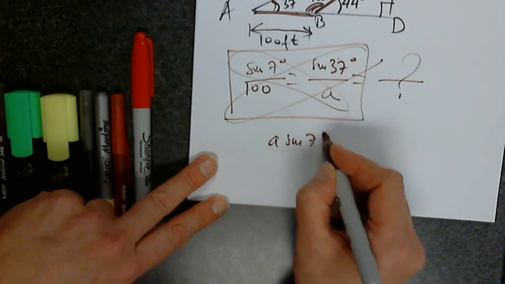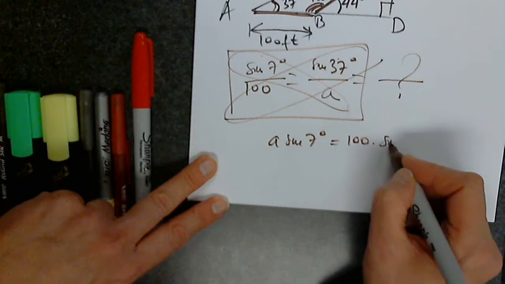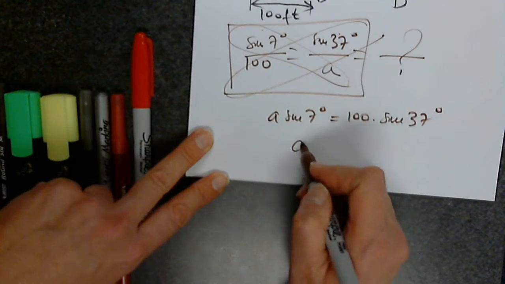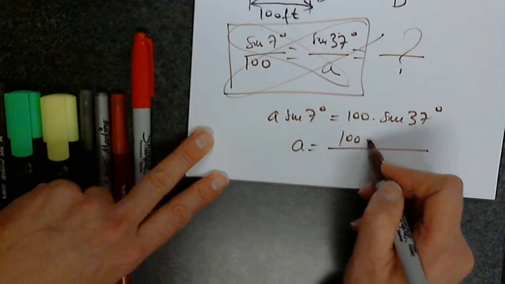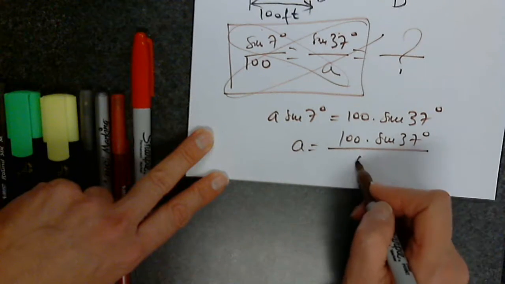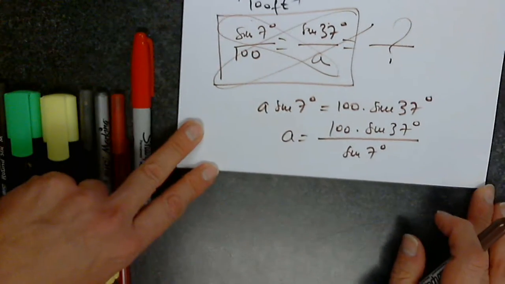A times sine 7 equals 100 times sine 37, where A equals 100 times sine 37 over sine 7.